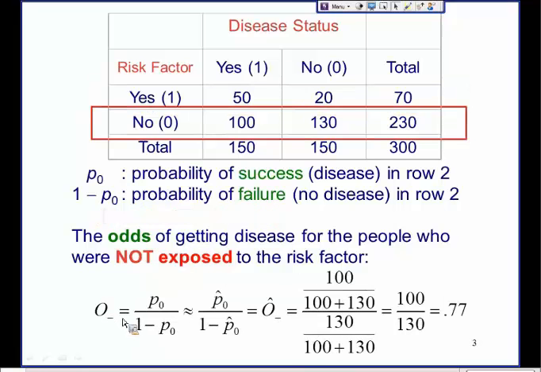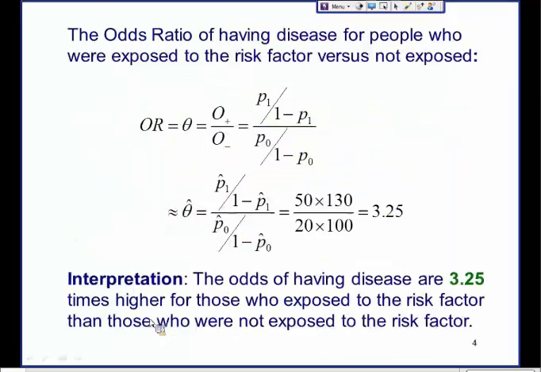The ratio of these two numbers, the odds of getting disease if you're exposed to a risk factor versus the odds of getting disease if you're not exposed, is the odds ratio in this case. It tells you the odds of having disease given that you're exposed to the risk factor versus not. That number is the odds ratio.